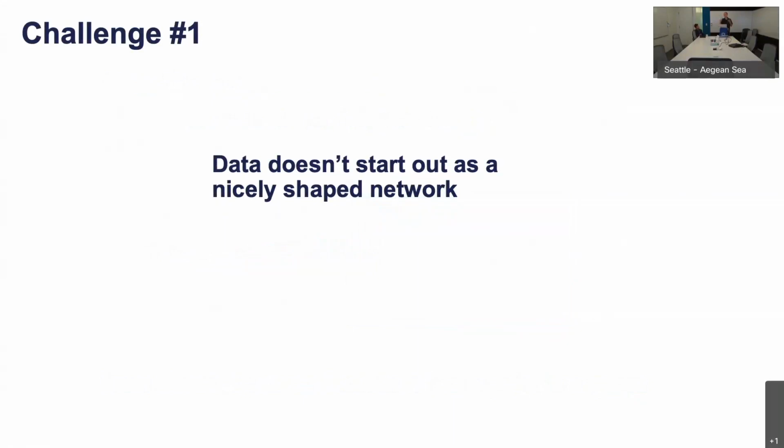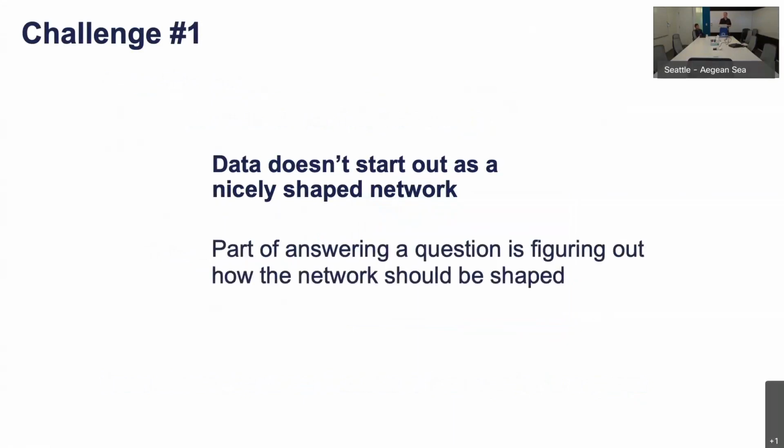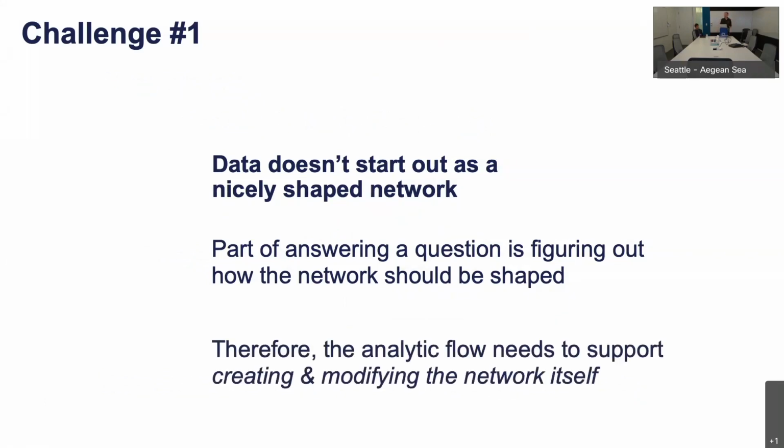It starts in some form that isn't the network that will help me answer the questions. So a lot of times answering the question involves figuring out what that network should look like, how it should be shaped. So part of the analytic flow of answering network questions really needs to support creating and modifying the network itself.